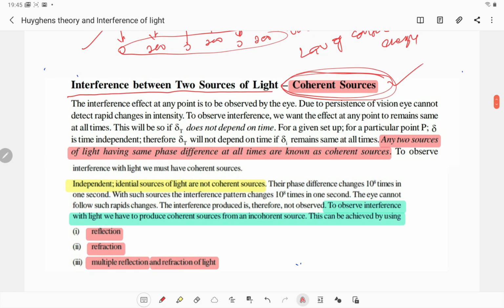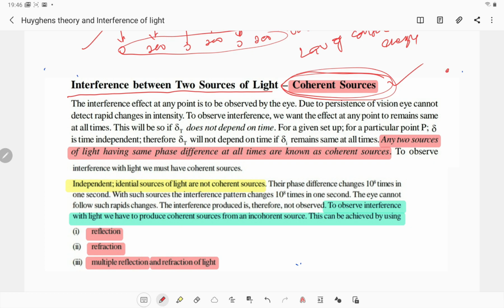For example, if the sources are not coherent, then at one place, due to superposition, the intensity continuously changes. Why? Because the phase difference is not constant.